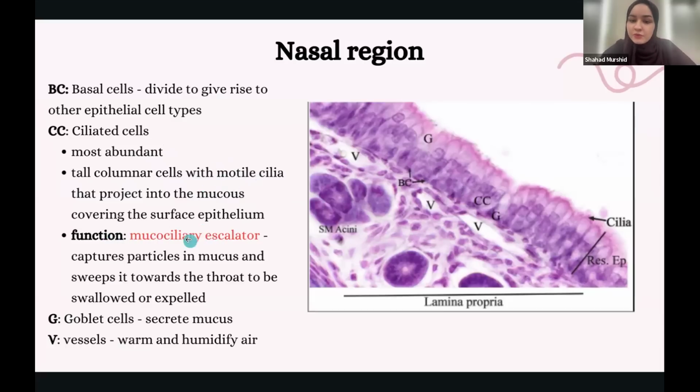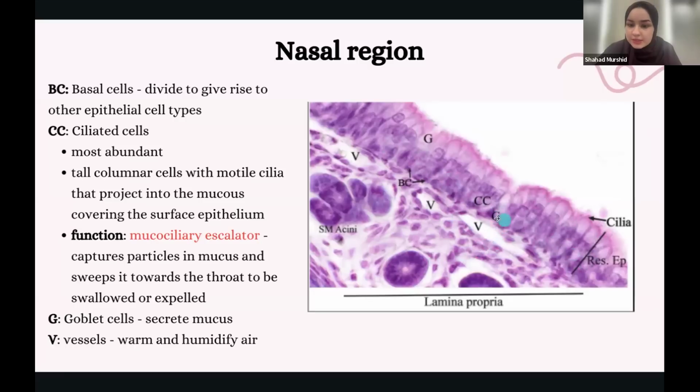Whenever foreign particles come into your nasal region, the cilia sweep them away into your throat so that you can either swallow them or cough them out. So this function is very important. Here you have the cilia itself, and here are the ciliated cells, which are pseudostratified columnar. This part is the respiratory epithelium.